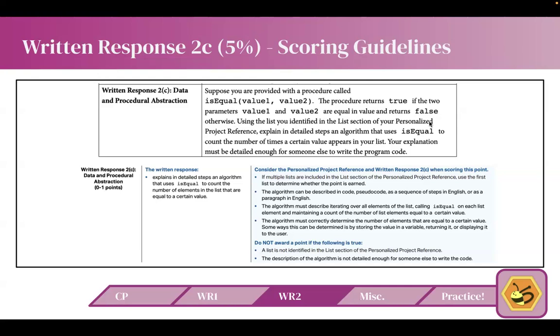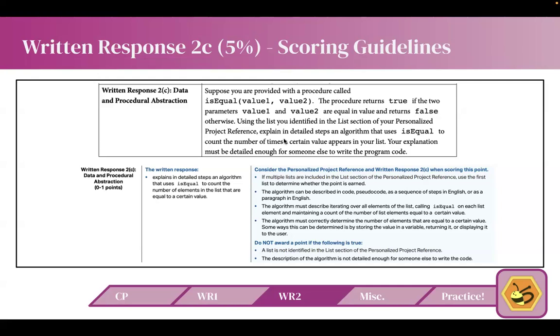So suppose you need to go through your list and count the number of items that return true for this procedure. You're always going to need to use a loop to go through your list and then call whatever procedure is being asked of you.